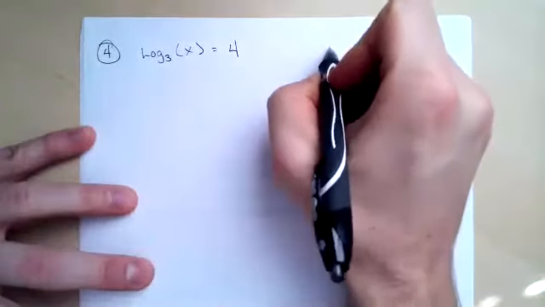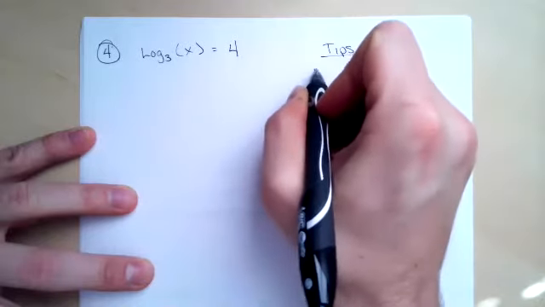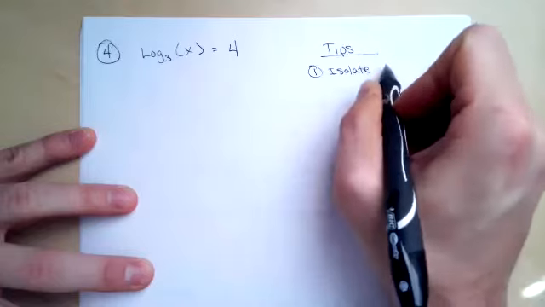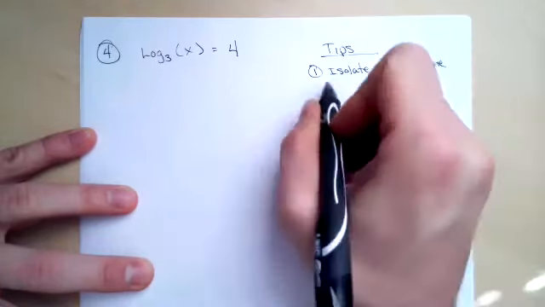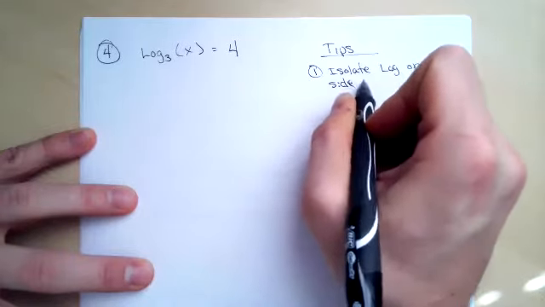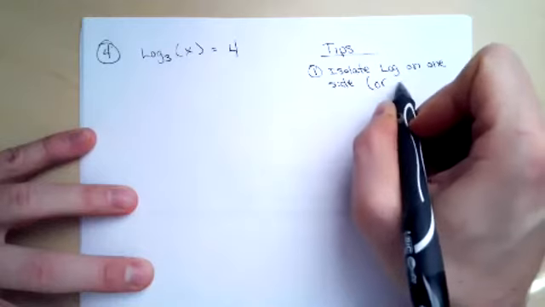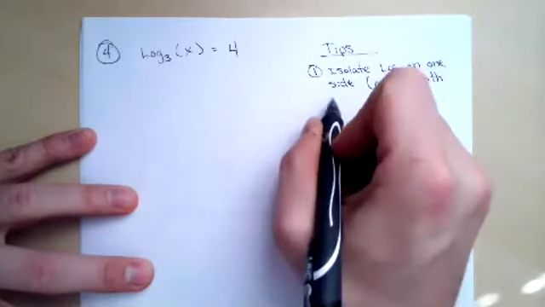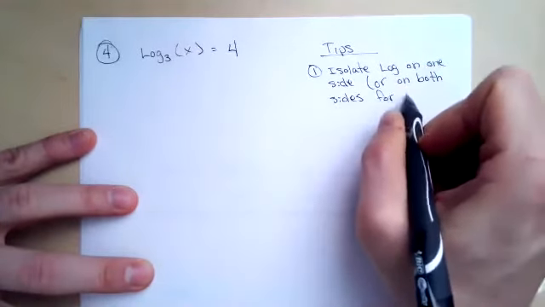So similar tips. We're going to isolate the logs, either on one side or on both sides, for the one-to-one property.